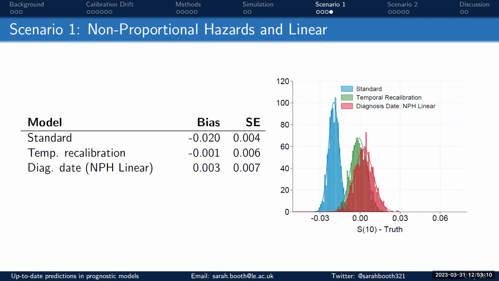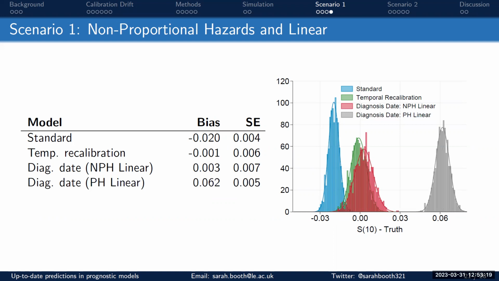And then similarly, if we model diagnosis date correctly, we also ended up with practically unbiased results. But the issue is that, as I just demonstrated on the slide before, if you make some incorrect assumptions and perhaps assume incorrectly that it's proportional hazards, we can end up with these really highly biased results.